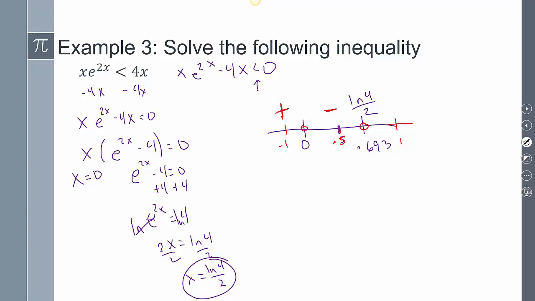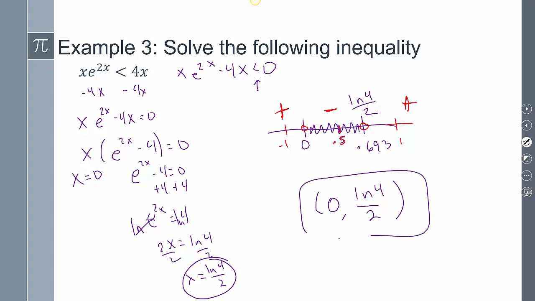And then plugging in 1, I'm going to get a positive. So it says values that are less than 0, so negative values. And so this is going to be my solution set here. And so I'm going to say that my answer is going to be from 0 to ln of 4 over 2. That's my answer.